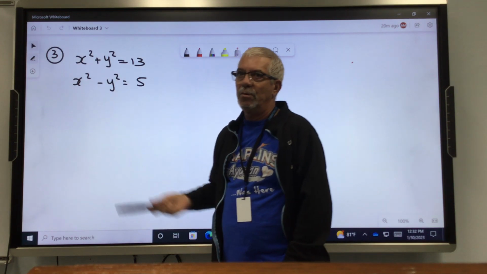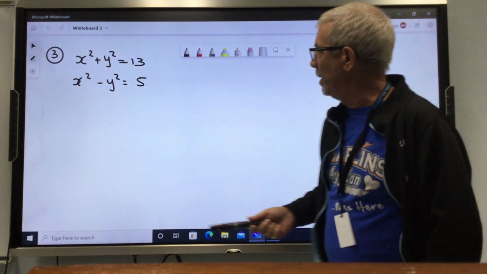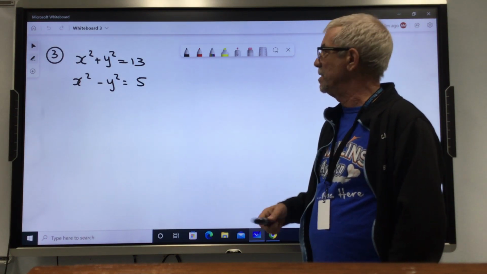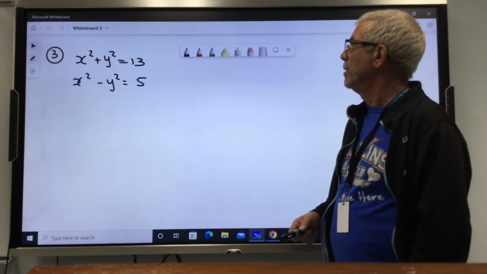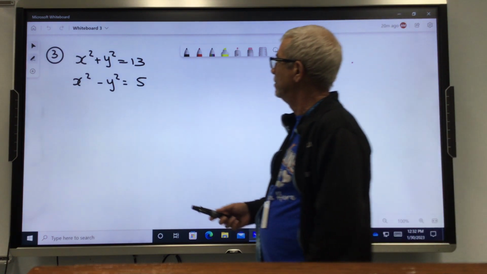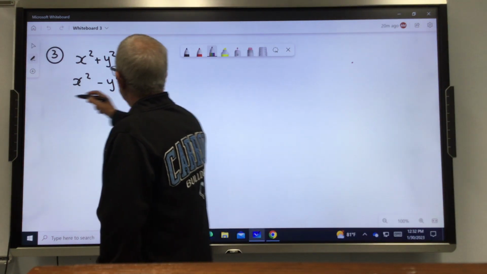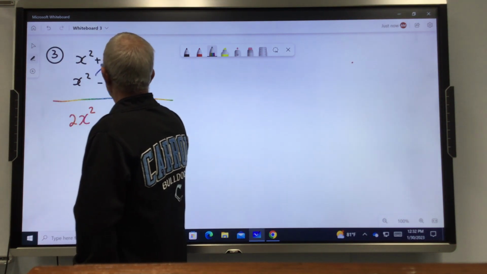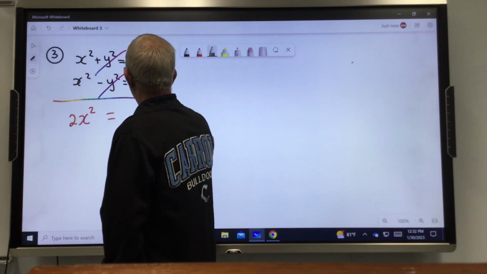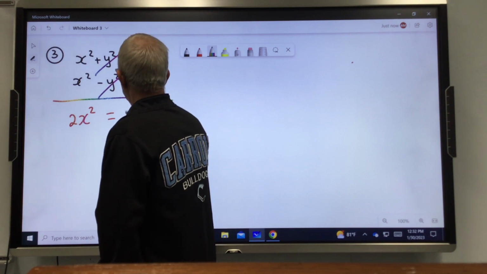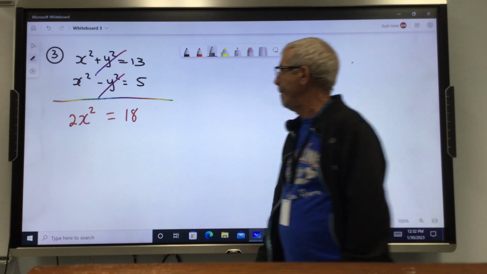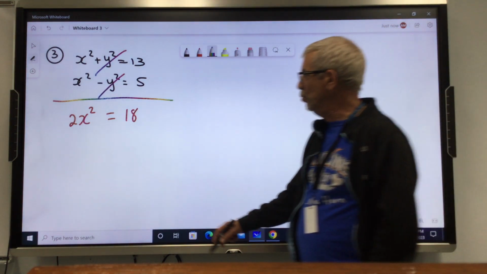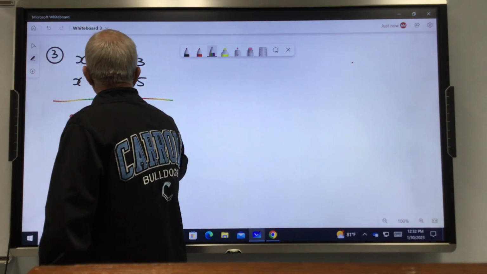Then to apply the addition method, we don't need to multiply by anything because one is positive and the other negative with the same coefficient. We have x squared plus x squared is 2x squared. The y squared terms cancel, and 13 plus 5 is 18. Divide by 2.